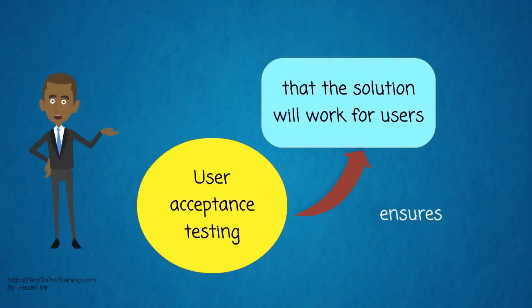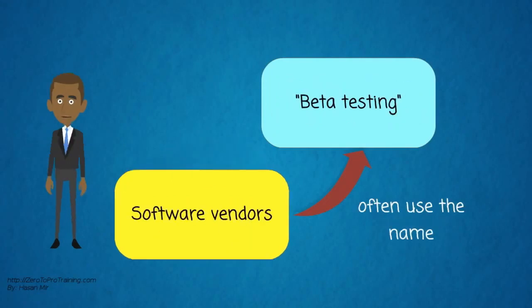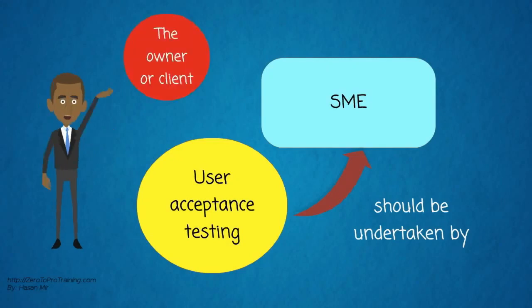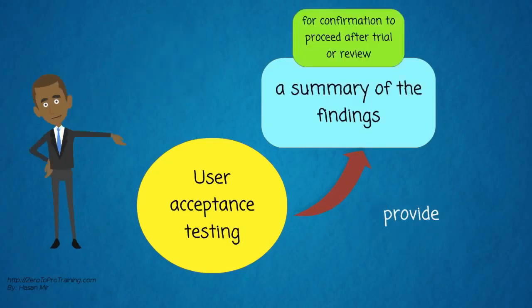UAT rather ensures that the solution will work for the users. Software vendors often refer to this as beta testing. This testing should be undertaken by a subject matter expert called SME, preferably the owner or client of the solution under test, and provide a summary of the findings for confirmation to proceed after trial or review.